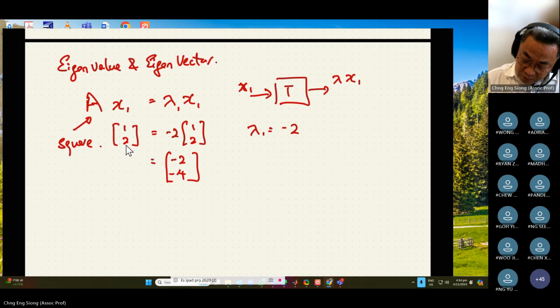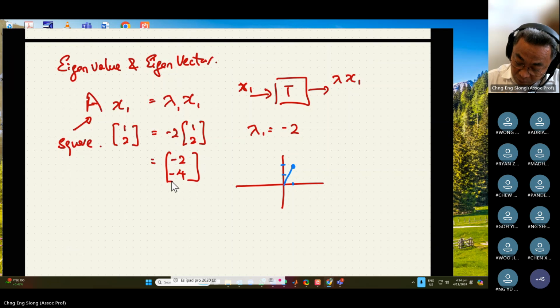Well, if you sketch this, where is 1, 2? 1, 2 is here. Where is minus 2, minus 4? Minus 2, minus 4 is here.